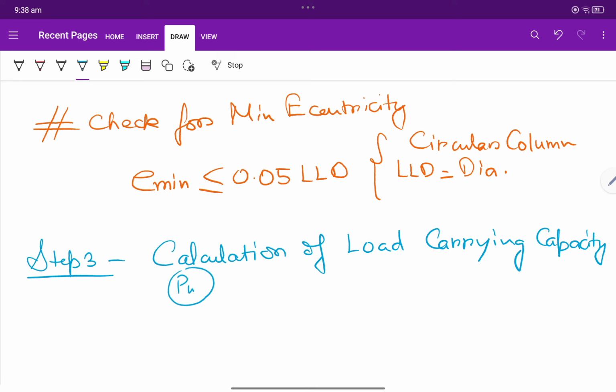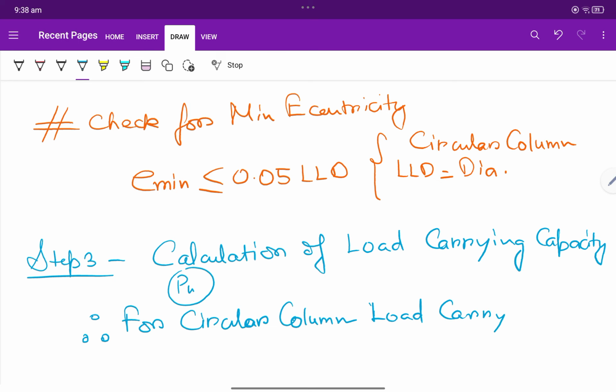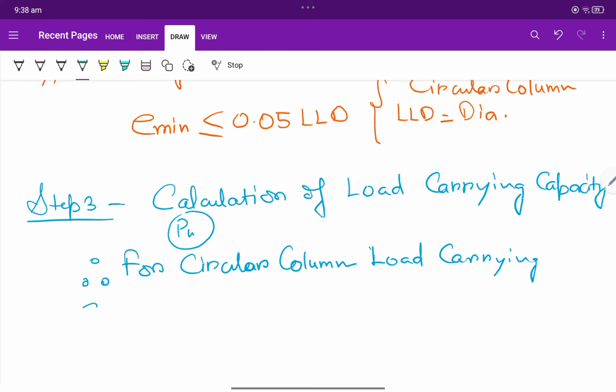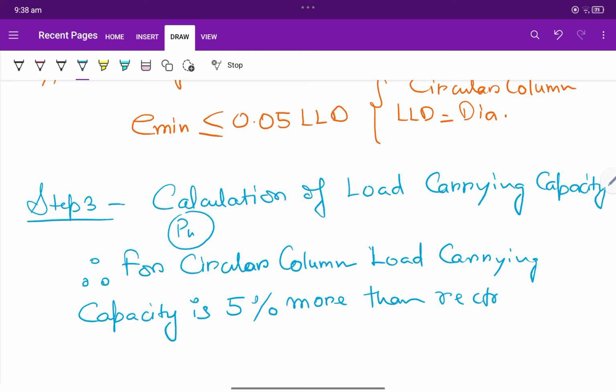Here is one note: in the case of a circular column, the load carrying capacity is 5% more than the rectangular column.